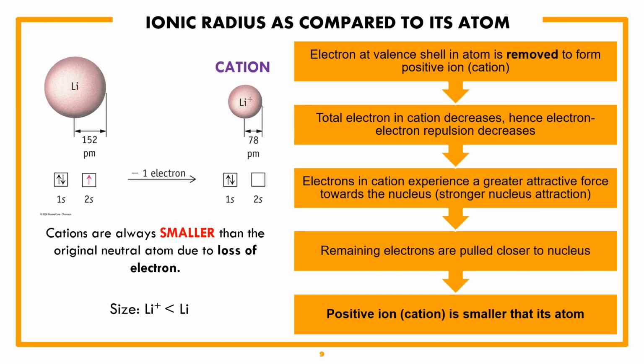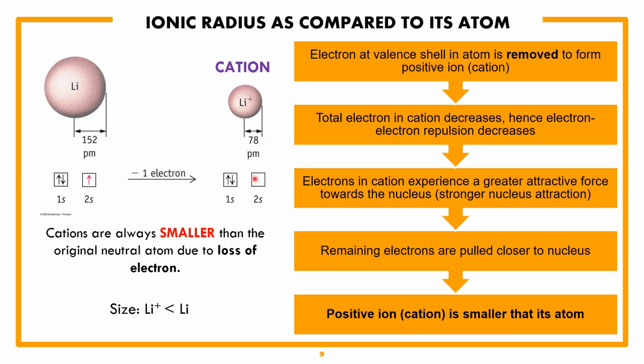Let's take lithium atom as the example. So here is the electronic configuration of the lithium atom, that is 1s2, 2s1. So 2s1 is the valence configuration, and we have one electron in this valence shell. After the lithium atom removes this one valence electron, we will get the lithium ion, lithium plus ion, that is the cation.